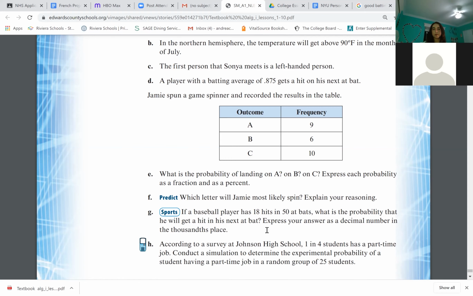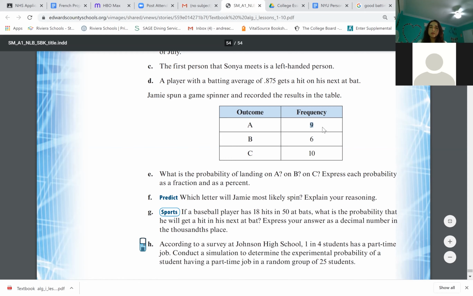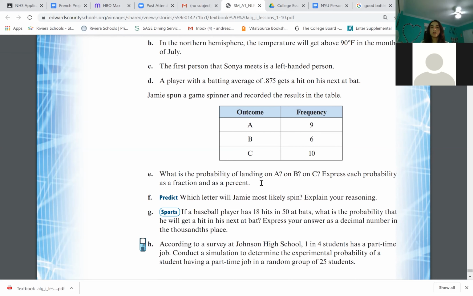For outcome A. Do you see the table? Oh, the outcome. I thought you were talking about the question. Oh yeah, question E. It's asking for the probability of landing on A. Do you know how to calculate probability? Yeah, I do. Landing on A, 1 out of 3, 1 out of 3, and 1 out of 3.